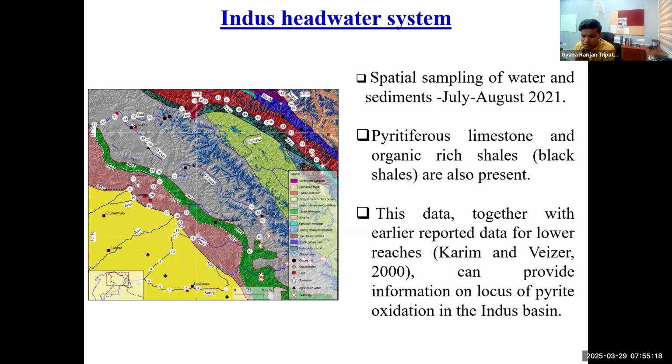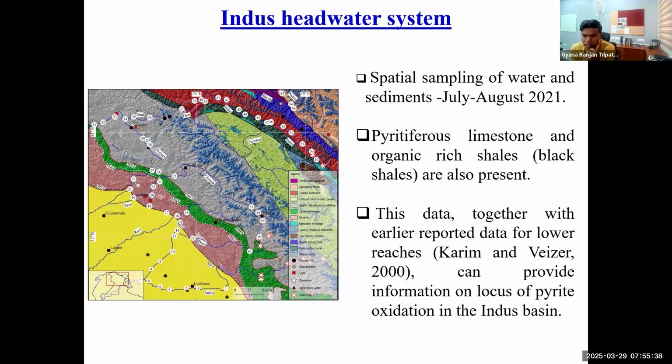The second aspect is because we are evaluating this connection between Himalayan weathering and Cenozoic cooling. The Indus flows through the northwest Himalaya, so we wanted to see if this river basin has a net effect of CO2 sink. That's also what we wanted to quantify.